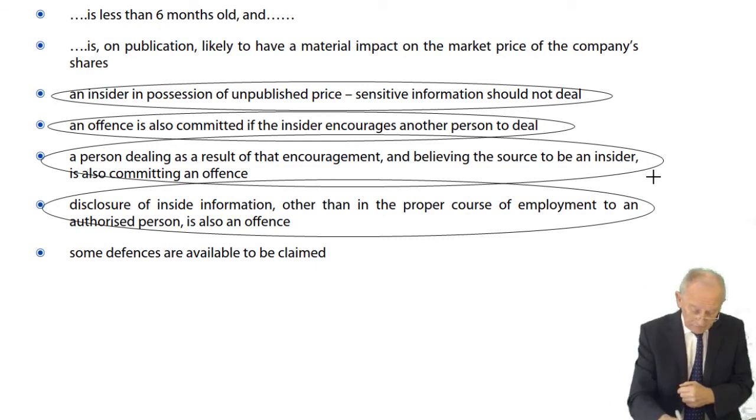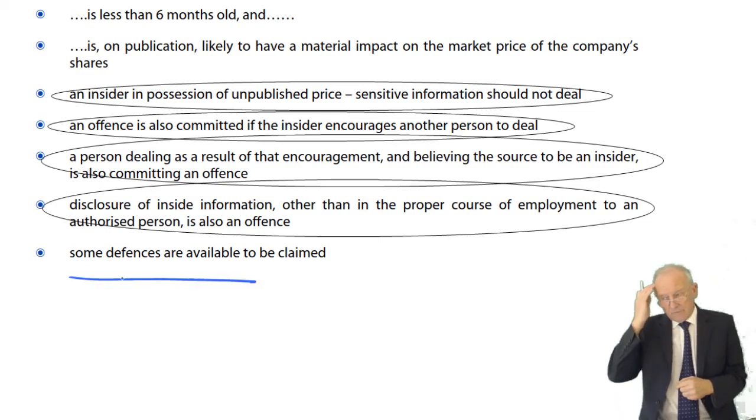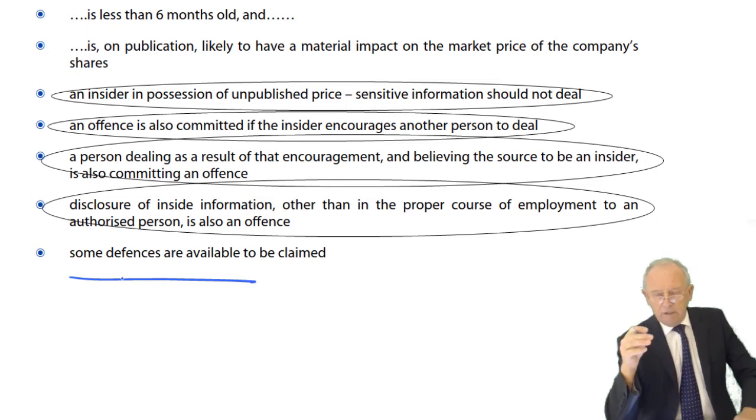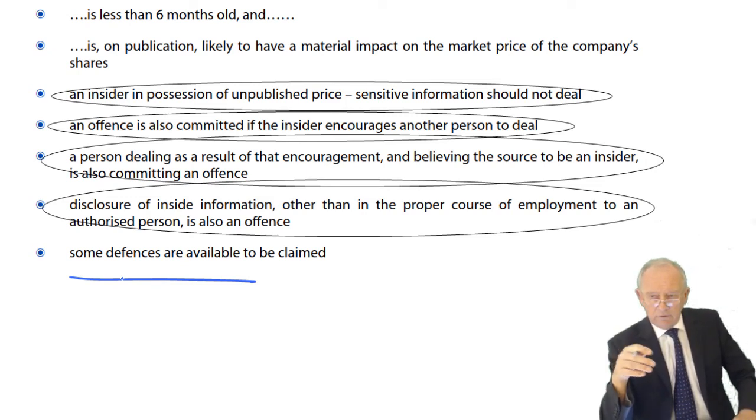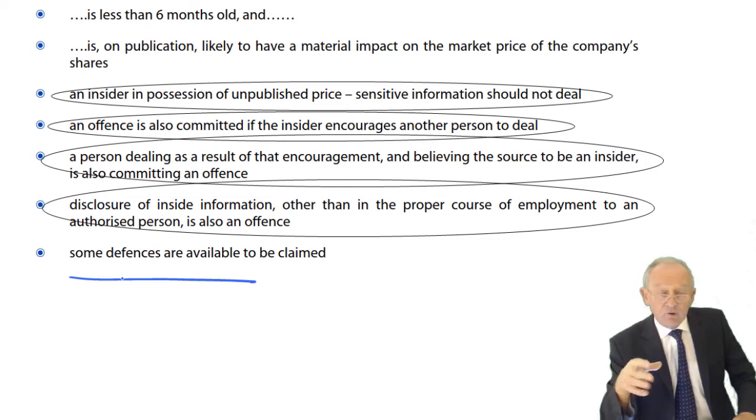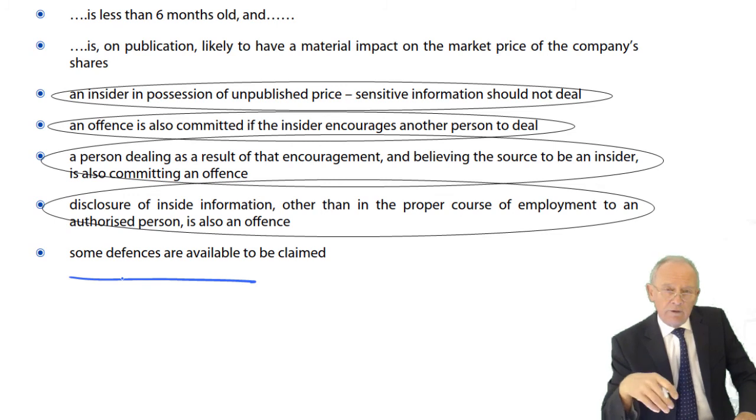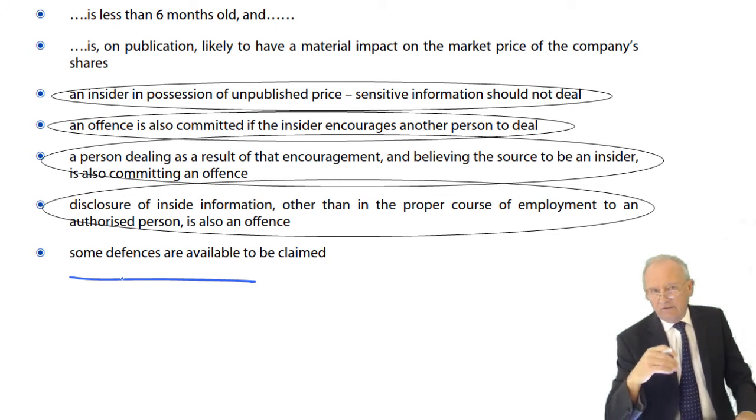Some defences are available. I love this. Some defences are available. If you had thought that the publication of the unpublished price-sensitive information was not likely to have a material impact, then that would be a defence. I'm sorry, that's a very strange defence, isn't it?